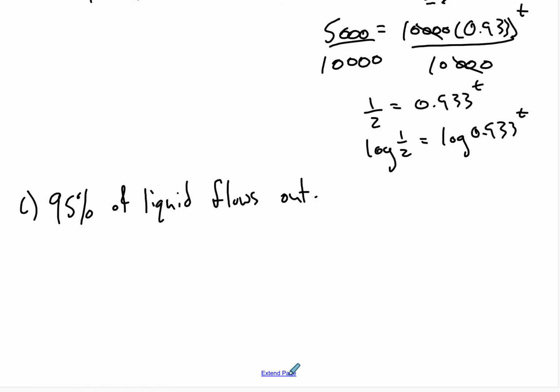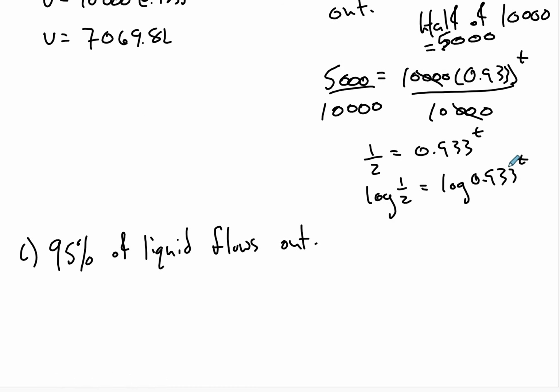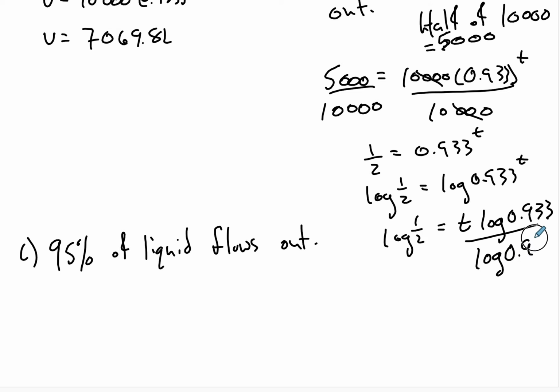And from this point we can bring that t down. So log of 1/2 is equal to t log of 0.933. And to get t by itself, we must divide by log 0.933 on both sides.